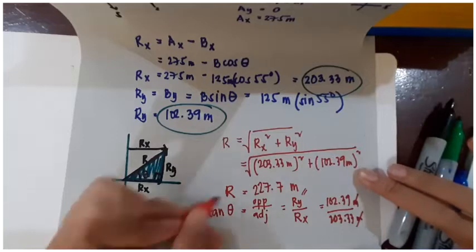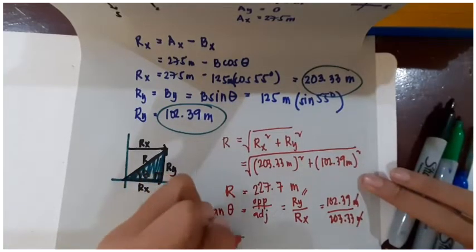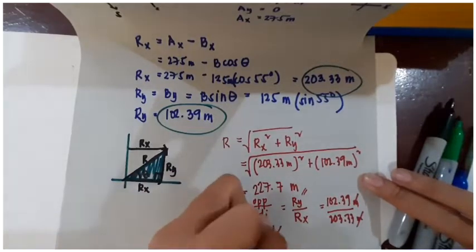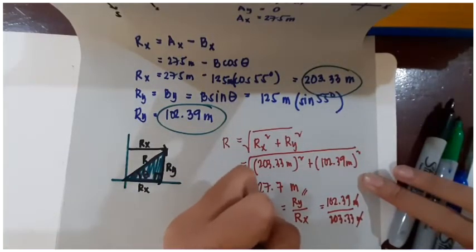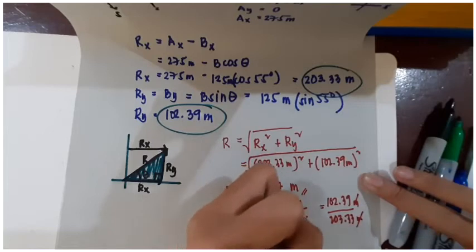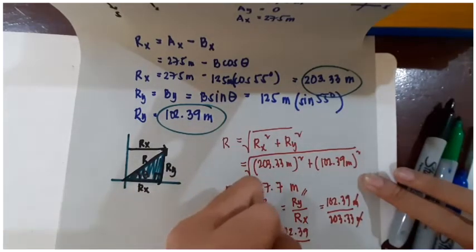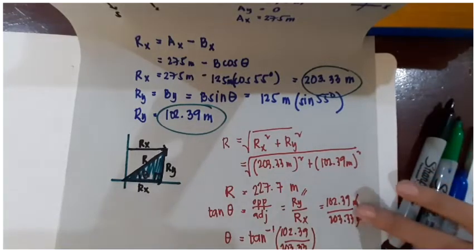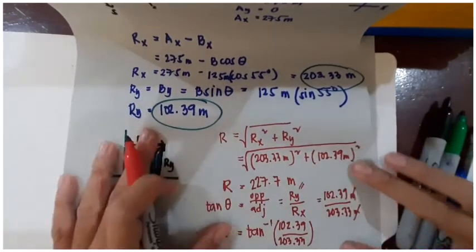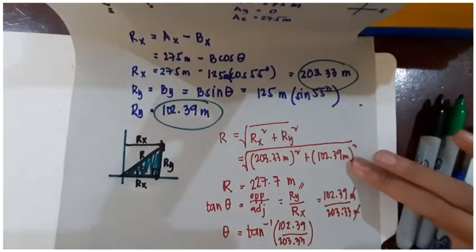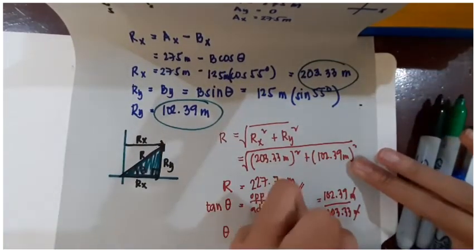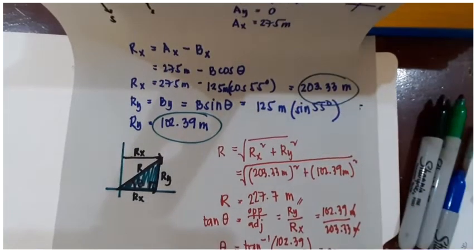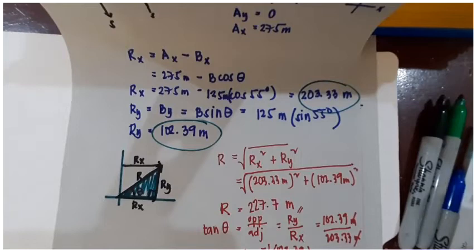Now, solve for theta, tan inverse, plug in the values, 102.39 over 203.33. Your theta will be 26 point, ano ba to? Wait lang.